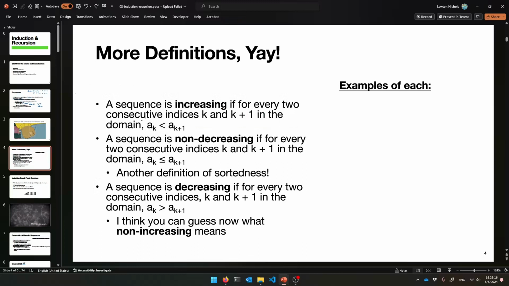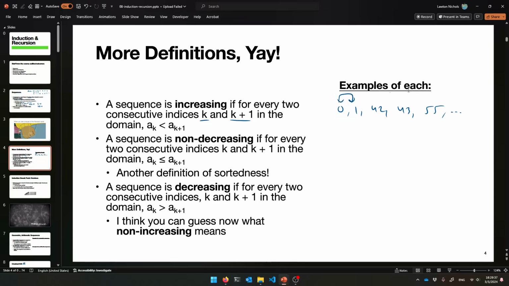So here's an example. You have your 2 indices, k and k plus 1. This should always be true for every piece of those. So here's an example, of course, of an increasing sequence: 0, 1, 42, 43, 55, and so on. So that's an example increasing sequence. And the idea is you're looking at every pair.